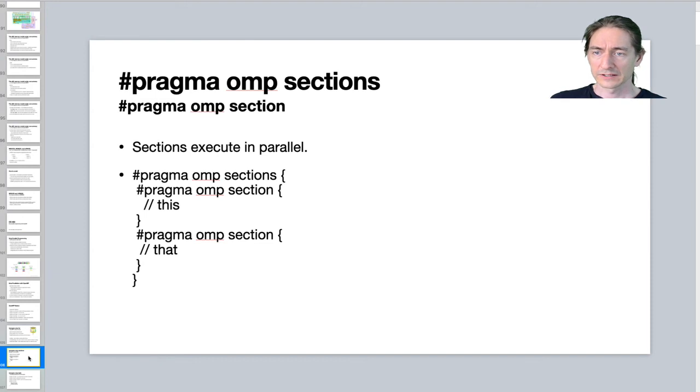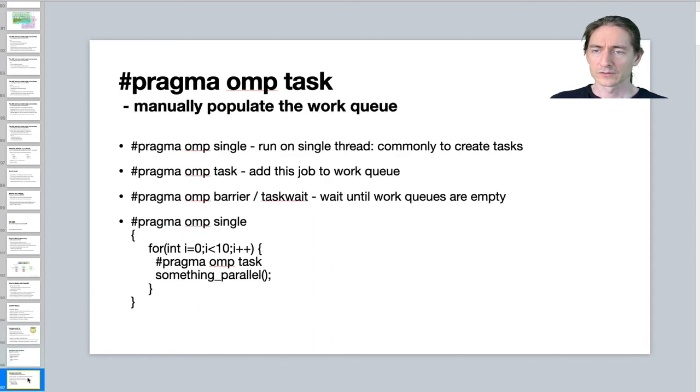And then finally, there's something called tasks, which is, I would say, quite similar to sections, but a little more general. So in tasks, you can say the following expression or block is a task on its own, added to the queue, and you can do that anywhere you want.